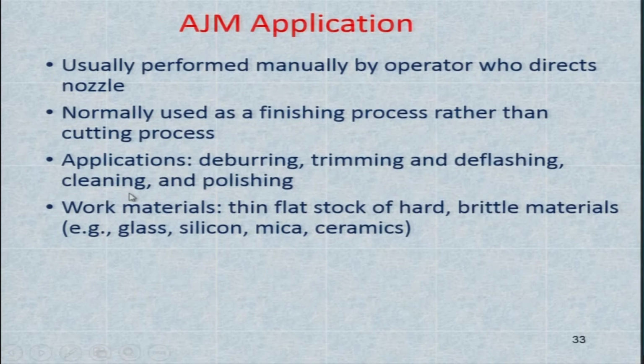Cleaning and polishing of the material, particularly after casting, that cleaning is very important because the surface is not very fine. Work materials are thin flat stock of hard brittle materials, glass, silicon, mica, ceramics. They can be used as the work material, and abrasive jet machining can be used to remove material from them.